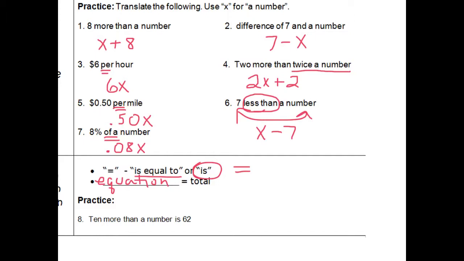We got 10 more than a number is 62. See, right there, they gave it to us. Is our equal. So we have our equal sign here, so we have equal 62. And on this side, we have 10 more than a number. So we have our number, x, and we want to do 10 more than. So 10 more than a number equals 62.